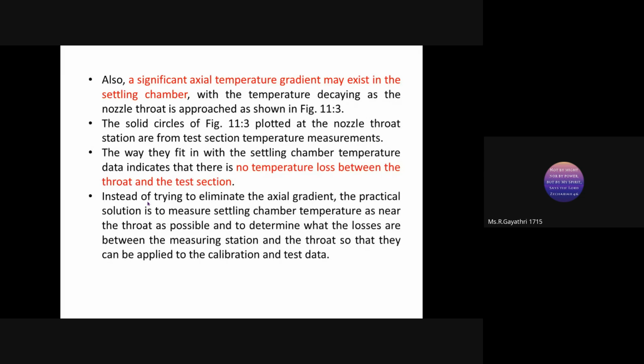So the axial gradient may be there in the settling chamber. This can be decayed in the nozzle throat. So the perfect fit of temperatures in the graph indicates no temperature loss between throat and test section.